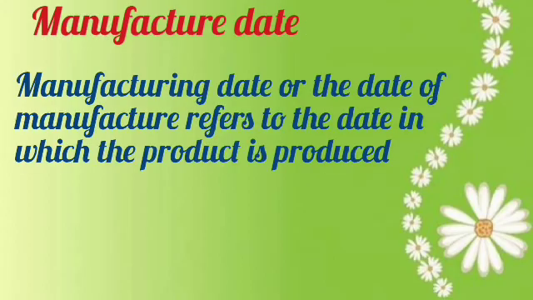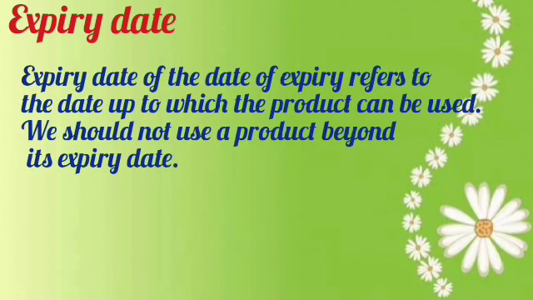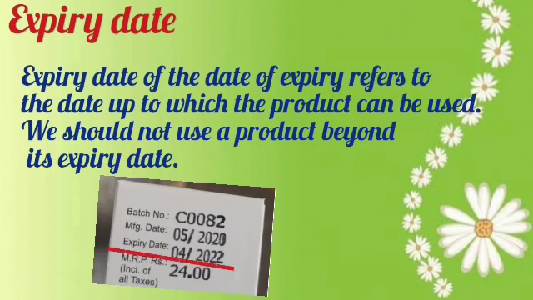Manufacturing date or the date of manufacture refers to the date on which the product is produced. Next, expiry date. Expiry date or the date of expiry refers to the date up to which the product can be used. We should not use a product beyond its expiry date.